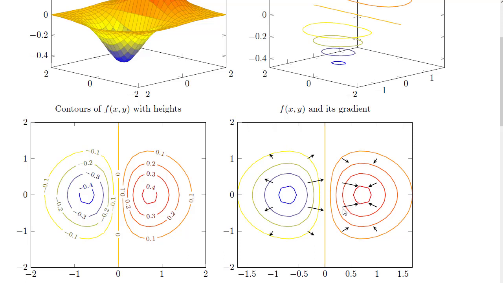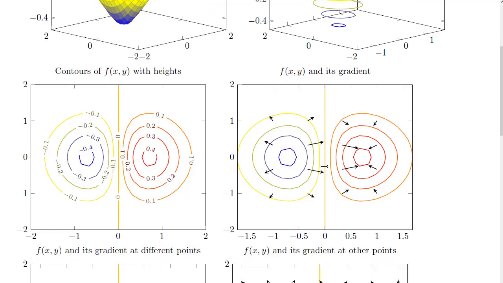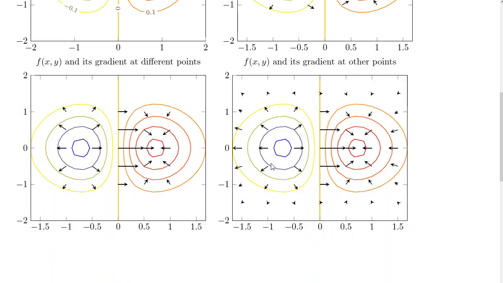Okay, and you see here at this point it's pointing up towards the top of the hill, and depending on wherever you might be standing, so here when we're in the greenish part, we're pointing away from the bottom of that bowl. Here we're pointing towards the top of the hill.